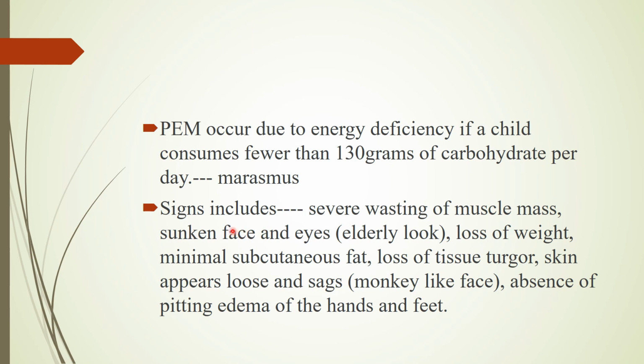The signs of marasmus include severe wasting of muscle mass, sunken face and eyes, loss of weight, minimal subcutaneous fat, loss of tissue turgor, skin appears loose and sags, that is a monkey-like face, and absence of pitting edema of the hands and feet. So monkey-like face can be seen in marasmus.